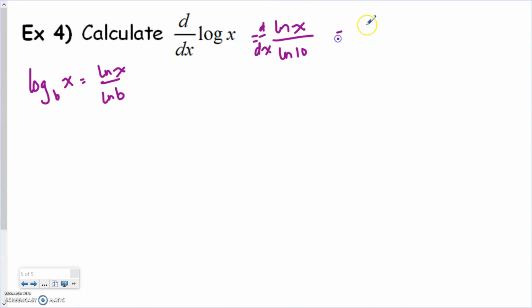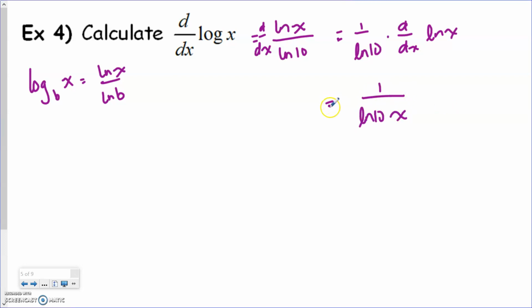And I can actually bring that natural log of 10 out because it's a constant, it's a number, and just take the derivative of the natural log of x, which we already know. So the derivative gives us 1 over x. So this is our final answer.